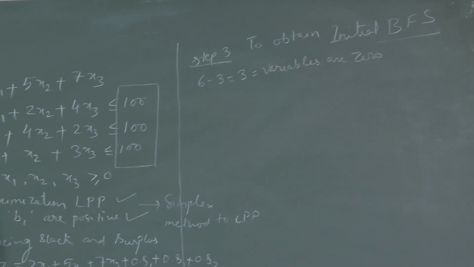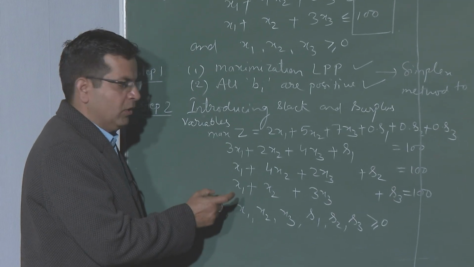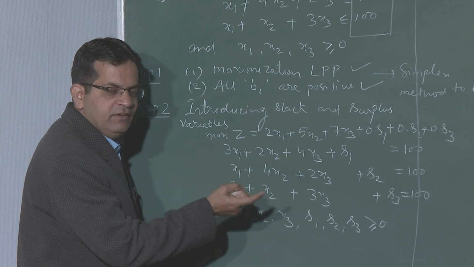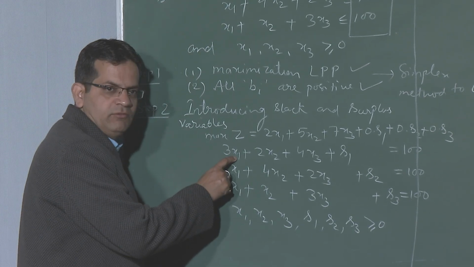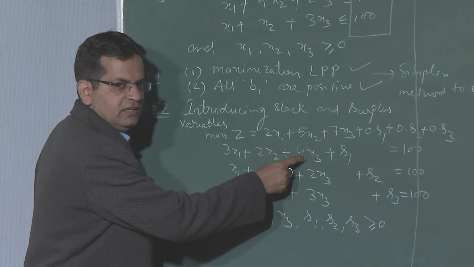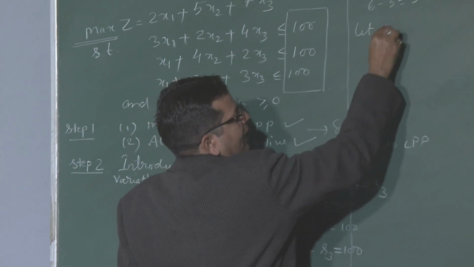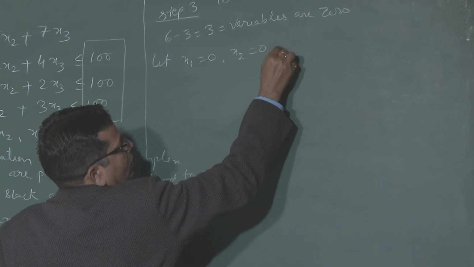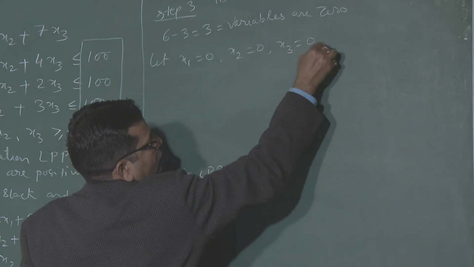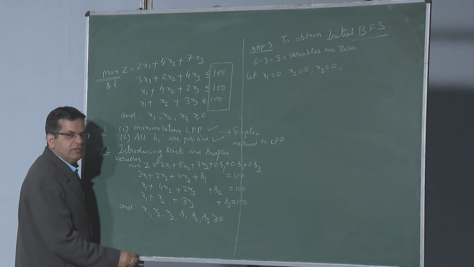Initially we have to put 3 variables equal to 0 out of 6, so we put the given variables x1, x2 and x3 equal to 0. Let x1 be 0, x2 be 0 and x3 be 0. With these 3 variables set to 0, what will be the solution?